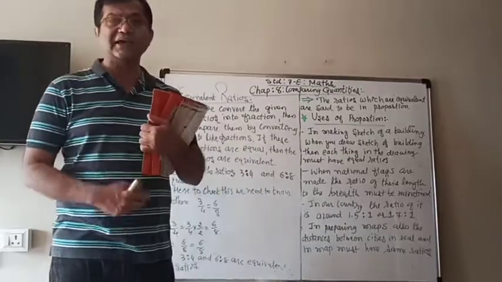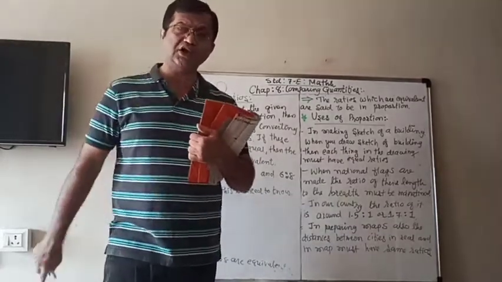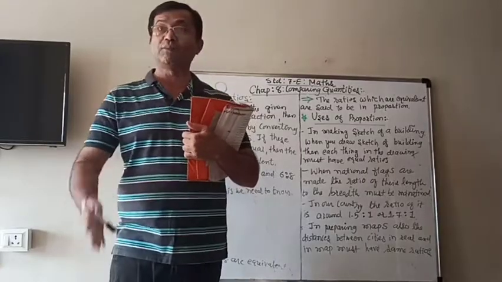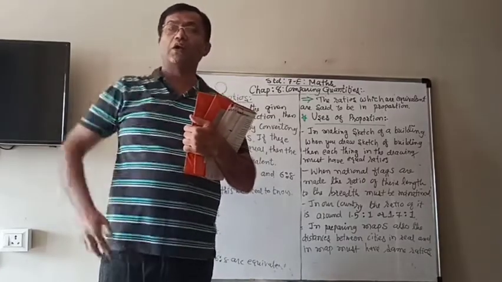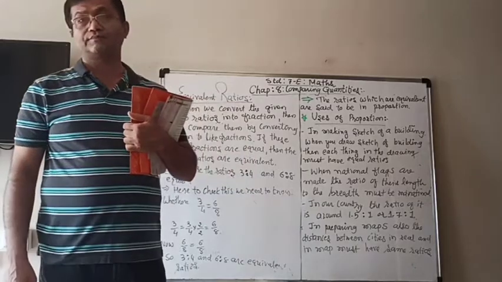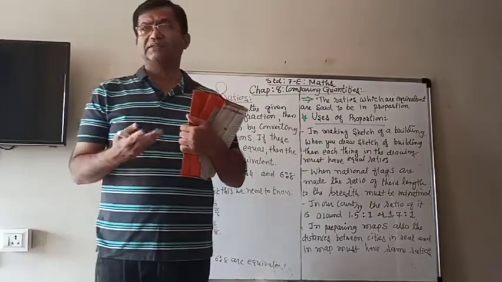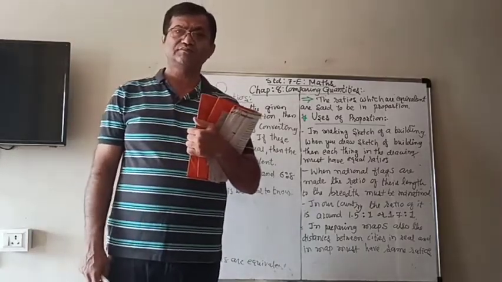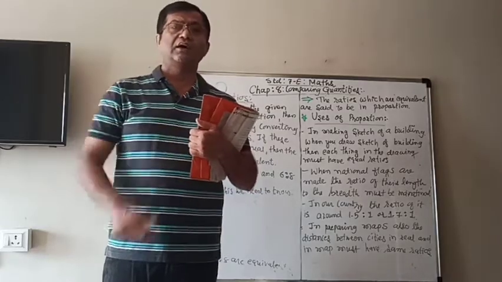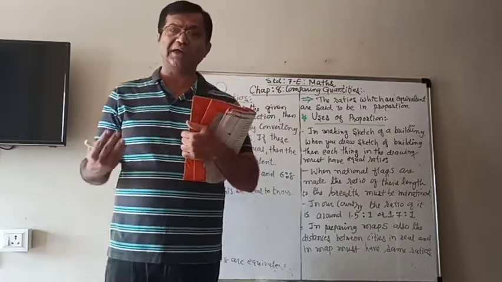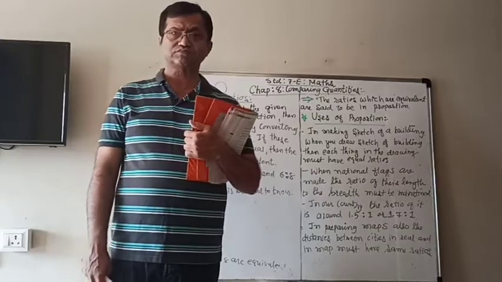It looks like either the building is too short or the woman is too tall. That is not possible. If the building is too short, how can people stay in it?